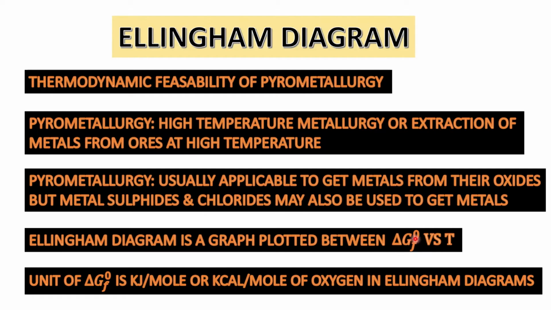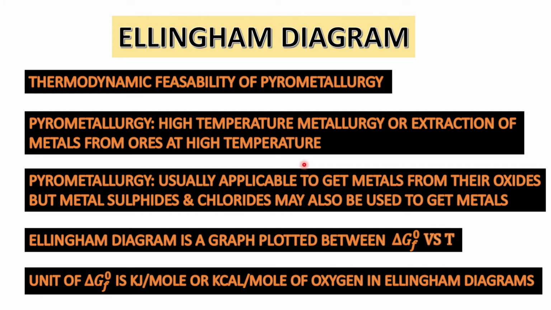The zero which I have put as a superscript on this delta G shows the standard nature, and f stands for formation. This is plotted versus temperature, and of course your temperature would be in degree centigrade. Sometimes you may also take it in Kelvin.